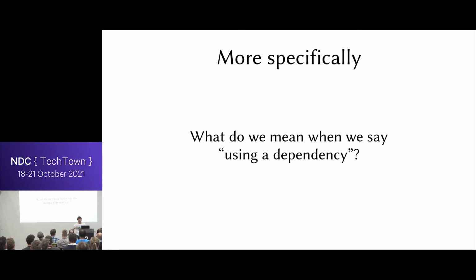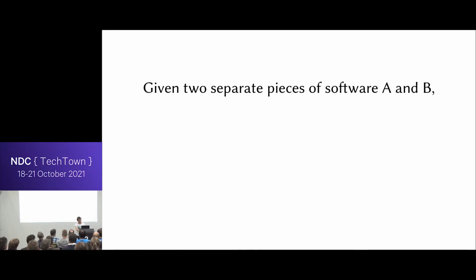So when people say, okay, I have this dependency, I use this dependency, what is it that they mean? Different people have different meanings for this, and it's usually not spelled out, like what do we actually mean by this? So what would be a good definition of using a dependency? I thought about this for a while, and came up with this.